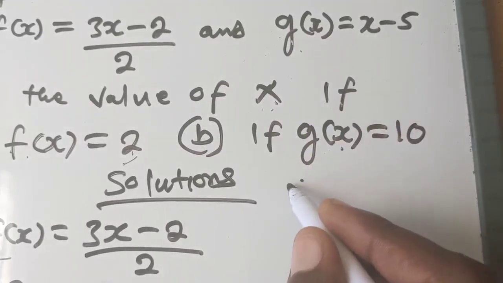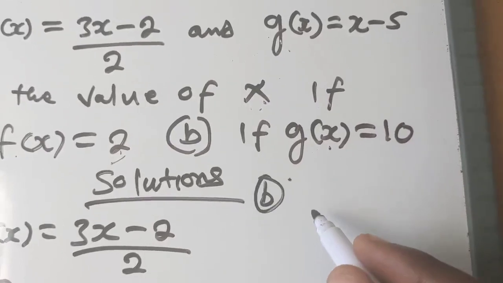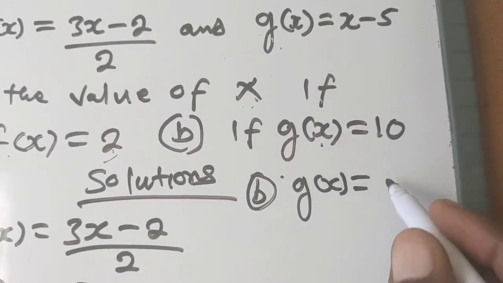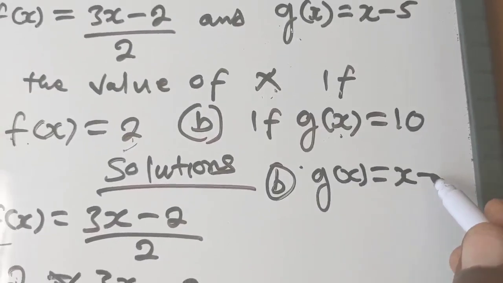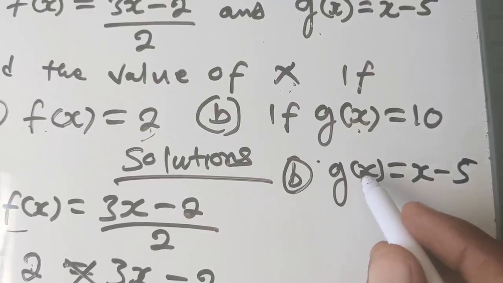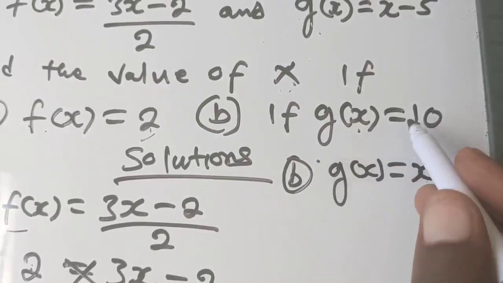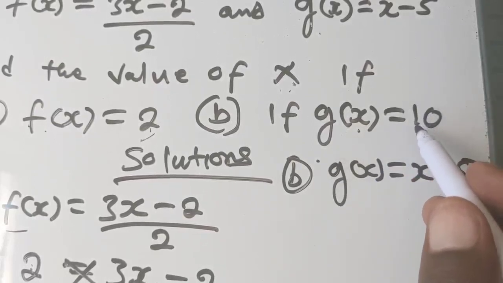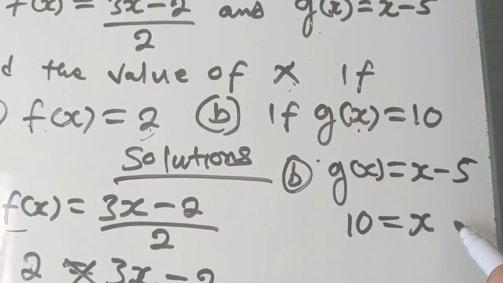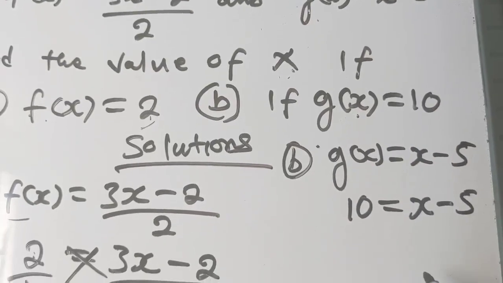So this is our g of x, so this is our b. g of x is equal to x minus 5, like that. They have already found it. So we're going to say 10 is equal to x minus 5. So now what is x?